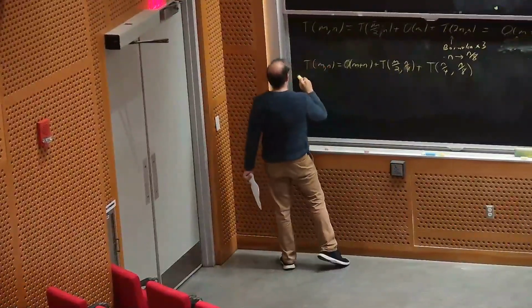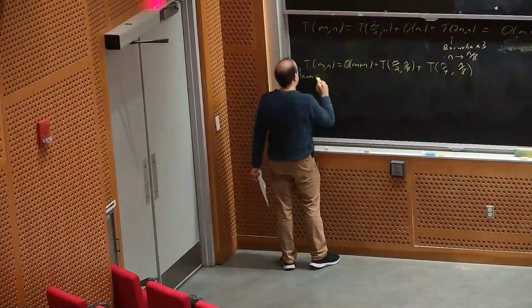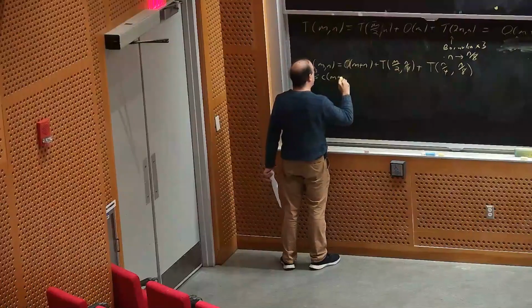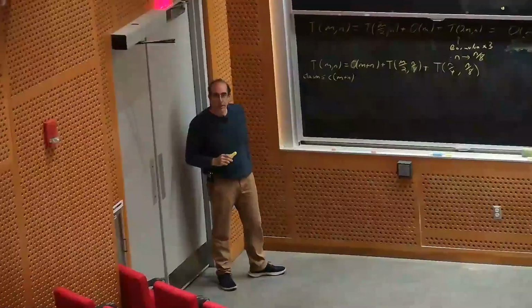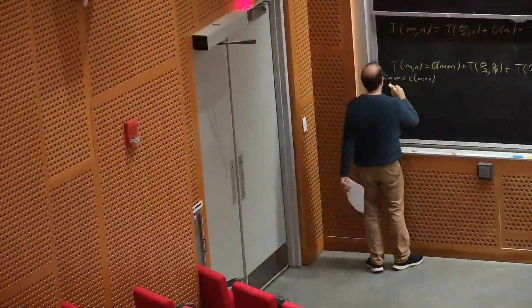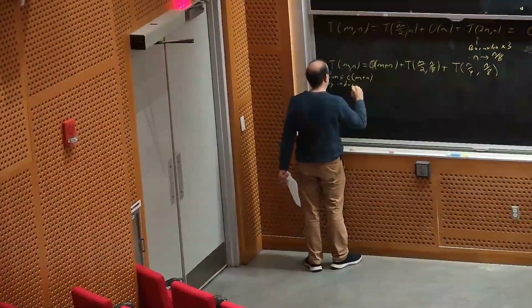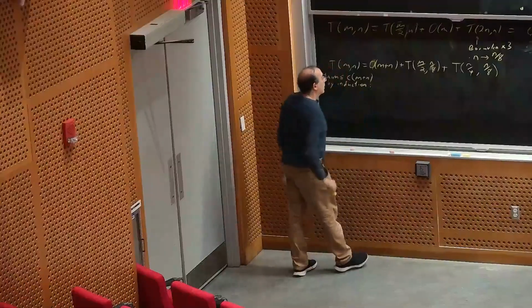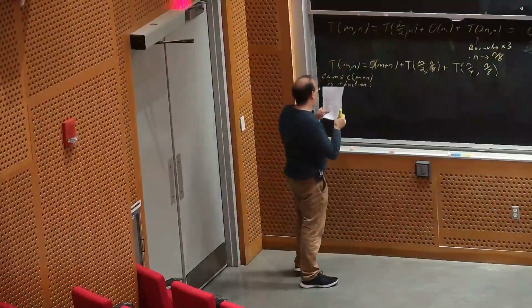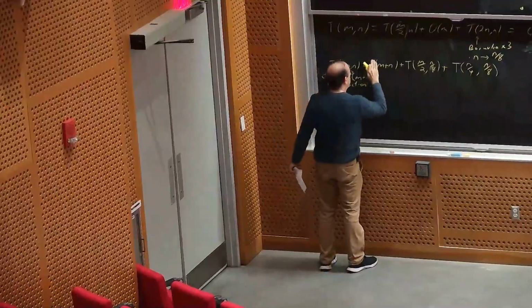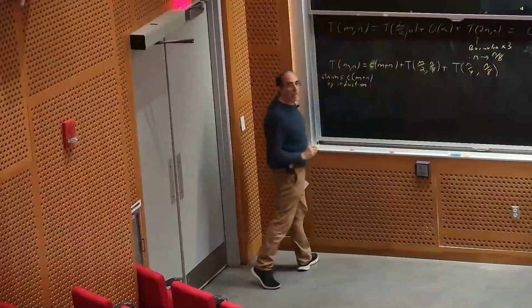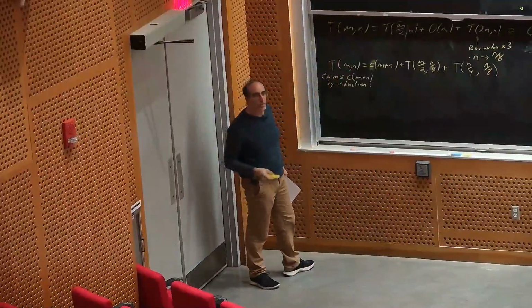And I claim that this is at most some constant times m plus n. And I'm going to prove this by induction. Or sorry, let me call this c times m plus n, right? It is order m plus n.